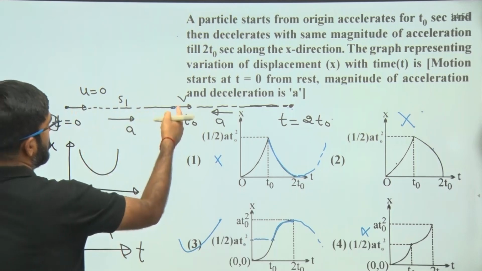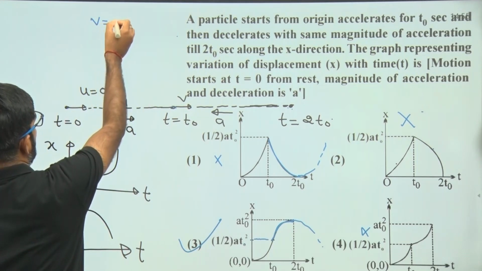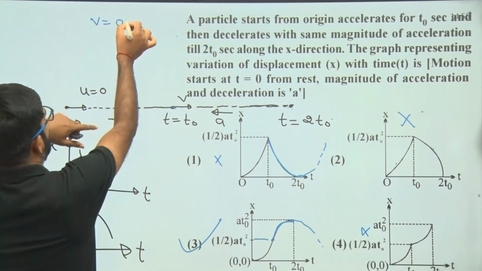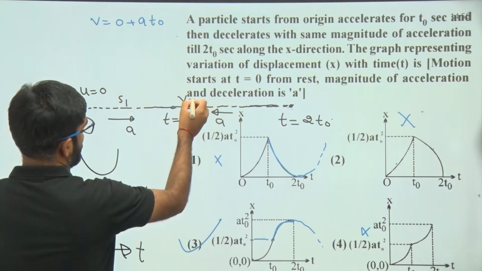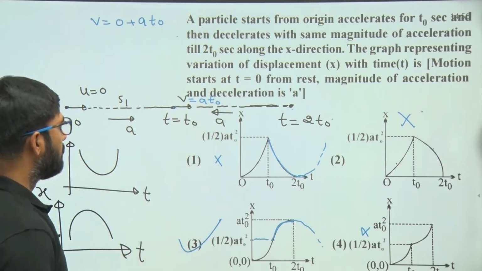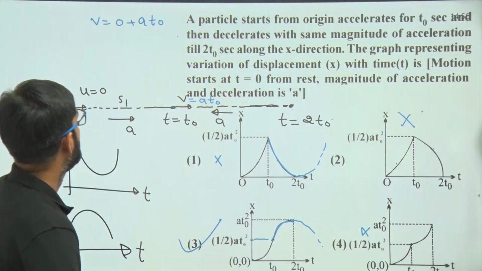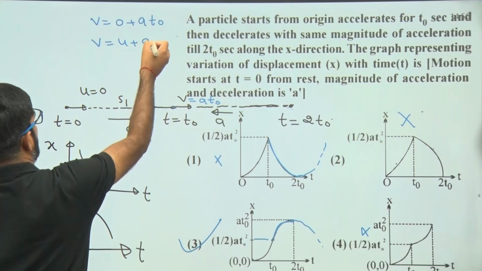From t equal to 0 to t equal to t naught, first use the first equation of motion, v equal to u plus at. At this point, u is 0, acceleration is a, time of motion is t naught. Then this velocity is v equal to a into t naught. Again use the first equation of motion from t equal to t naught to t equal to 2t naught. According to the first equation, again v equal to u plus at.